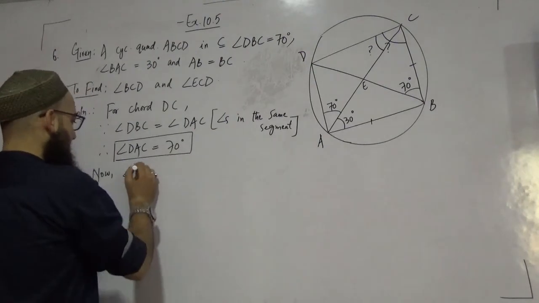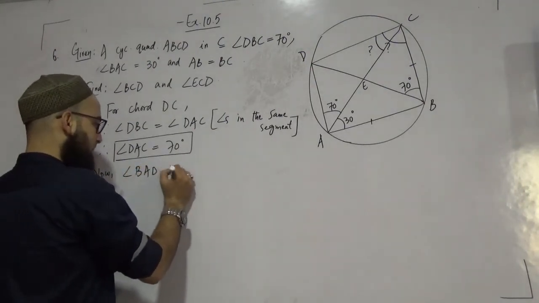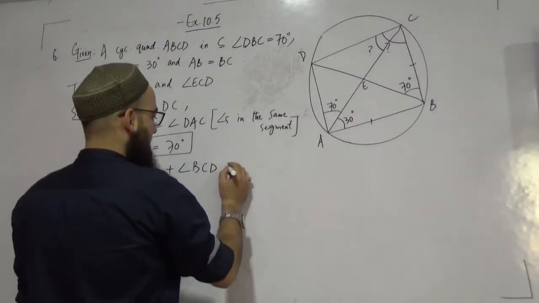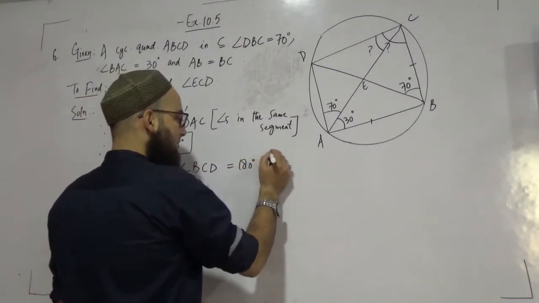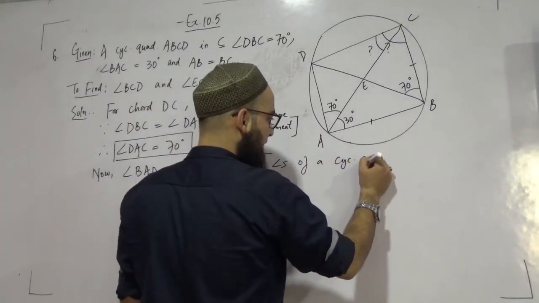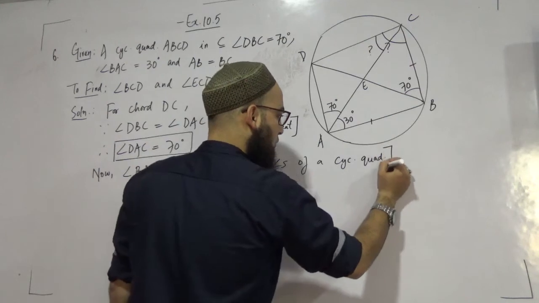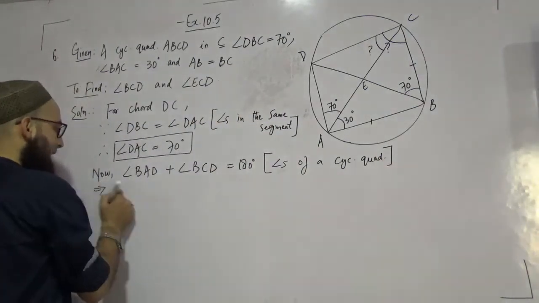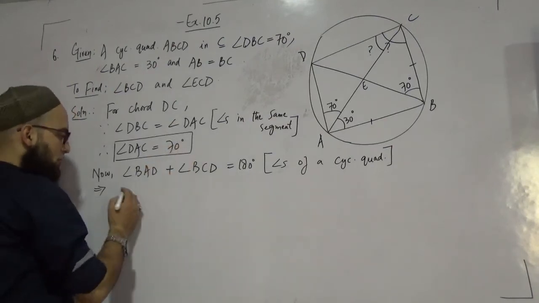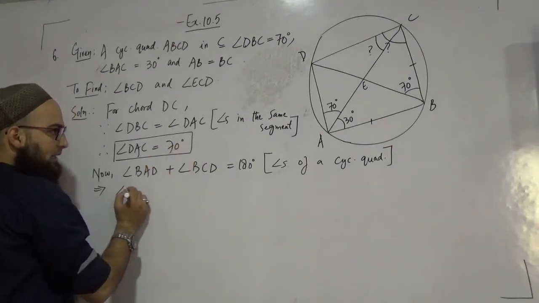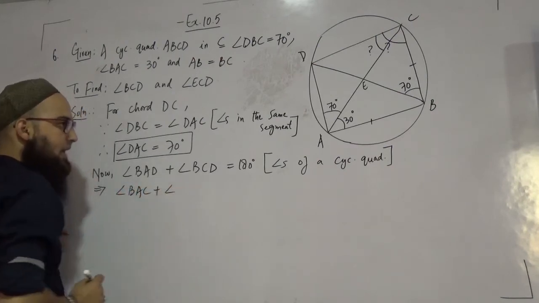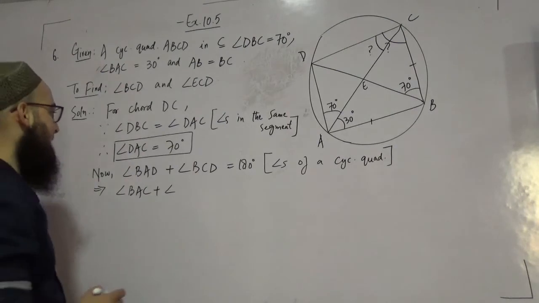Angle BAD plus angle BCD is equal to 180 degrees, which implies that BAD is the combination of angle BAC plus angle DAC.